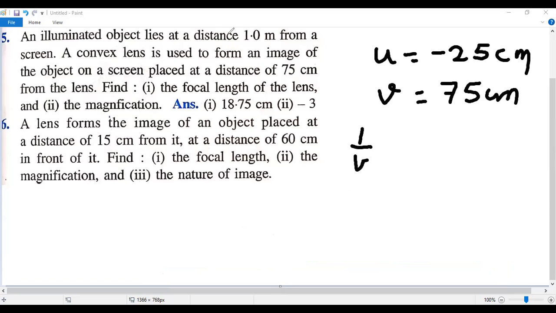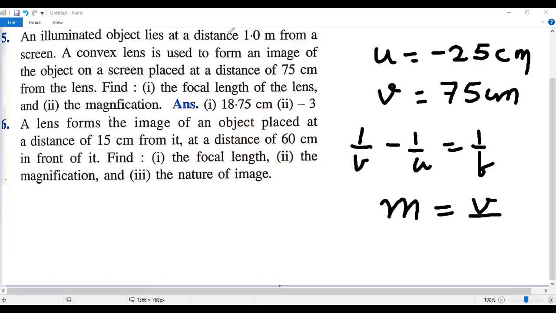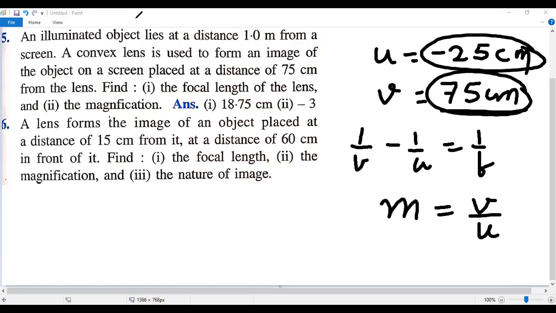Now students, use the lens formula to find your answer for focal length, and similarly use the formula of magnification, where you will put v as plus 75 and u as minus 25. So you'll get your answers for focal length as well as magnification.